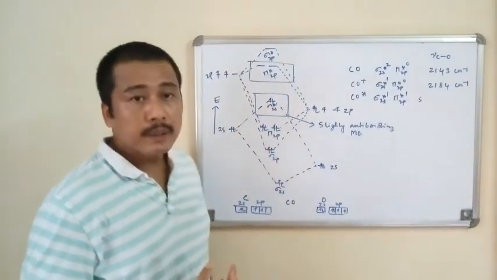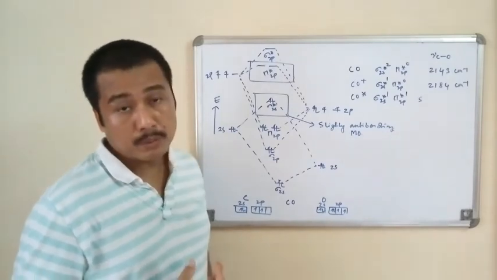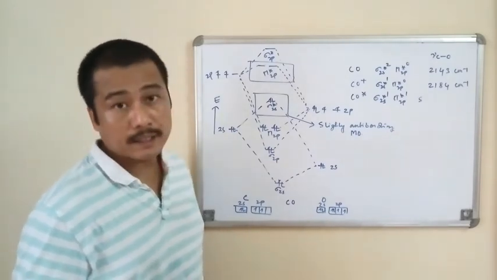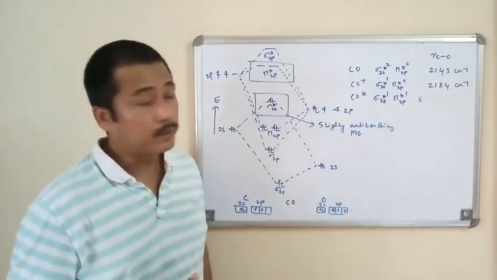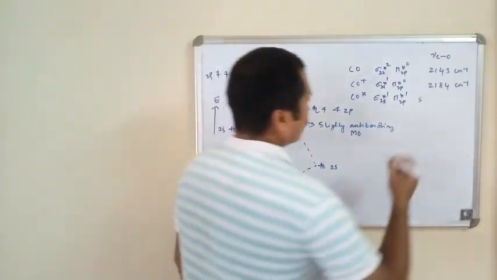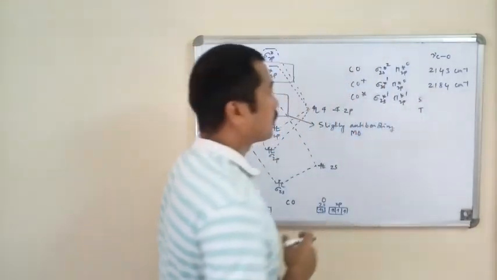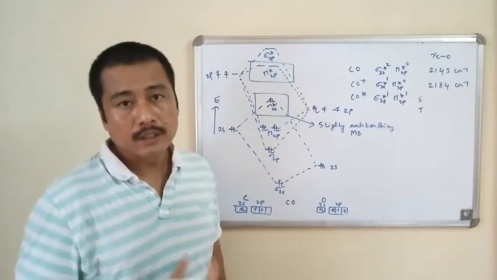Now, if the spins align parallel to each other, the total spin is going to become equal to 1, and the spin multiplicity, using the 2S plus 1 formula, is equal to 3, and that is why it is the triplet electronic state. The CO stretching vibrations for the singlet and triplet electronic states are different from each other.